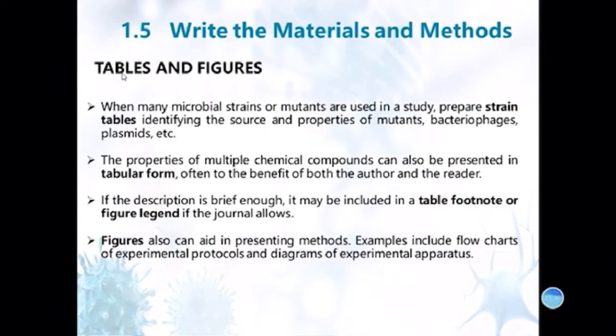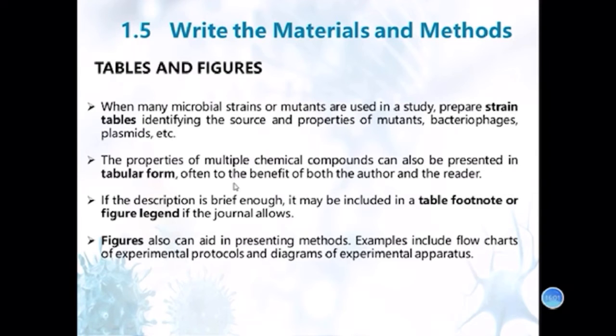Also, we should put some tables or figures here. If many microbial strains or mutants were used in the study, perhaps it's better to prepare a strain table, identifying the source and properties of mutants, plasmids, bacteria, or phage. The properties of many chemical compounds can also be presented in tabular form.